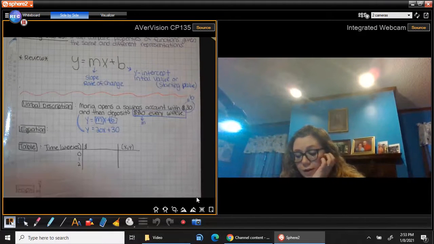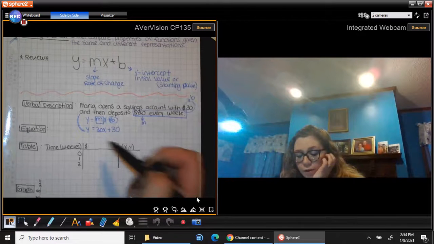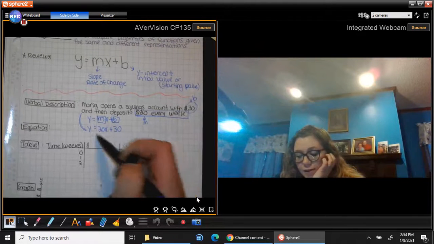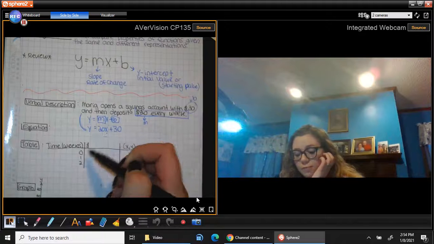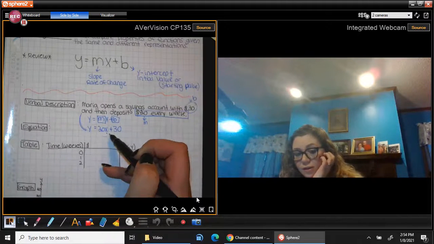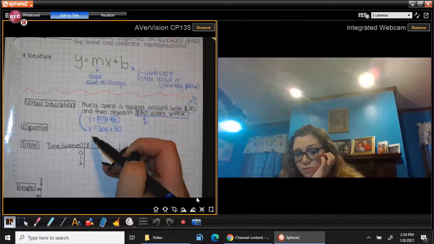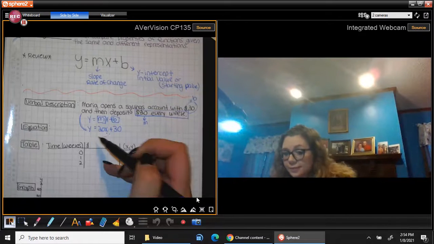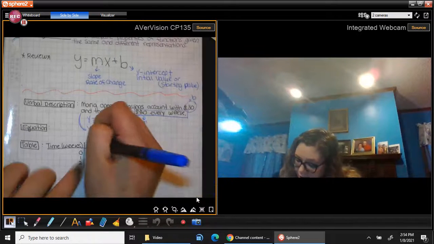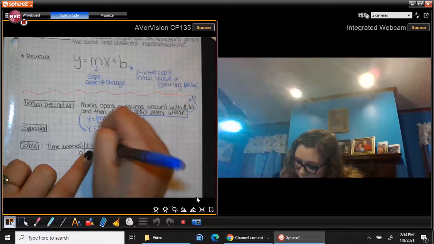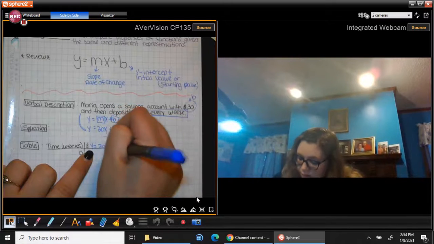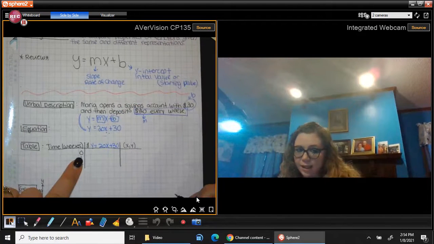Well, we're trying to find y. We know y equals whatever this is. We're given x values, so couldn't we just plug these x values into this equation? And then we're going to have the value of y? Yes. So we know y is going to equal 20x plus 30. So we're going to plug in the x values.